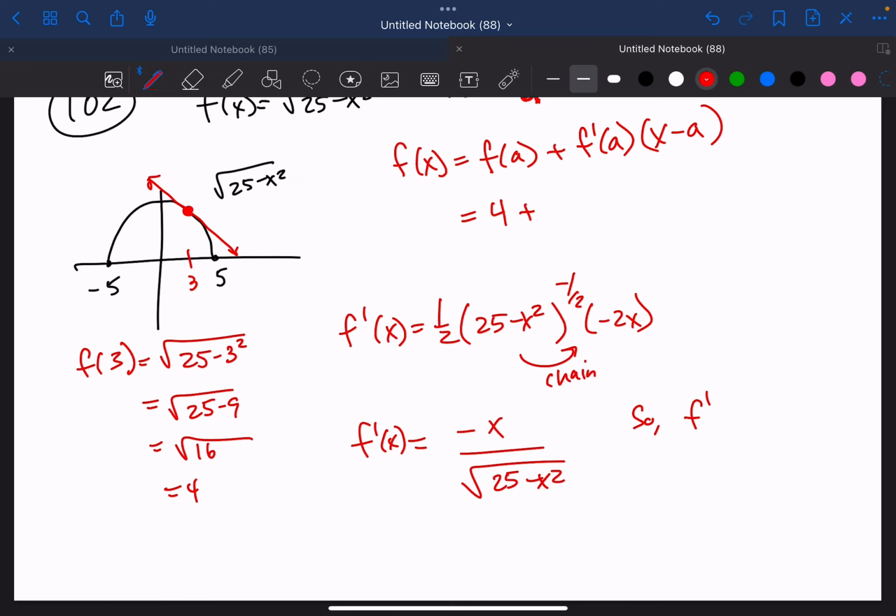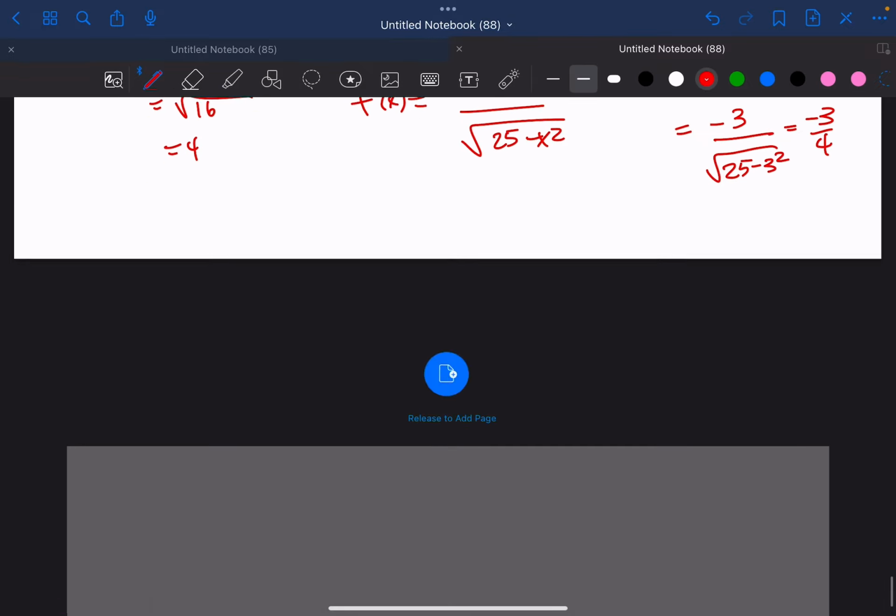So the derivative at 3 is going to end up being negative 3 over square root of 25 minus 3 squared. So it's going to be negative 3/4, right?